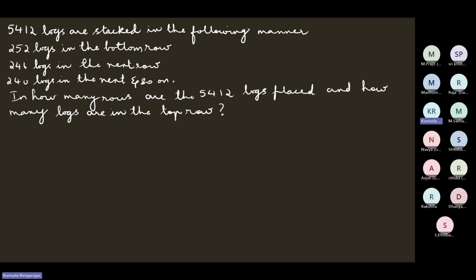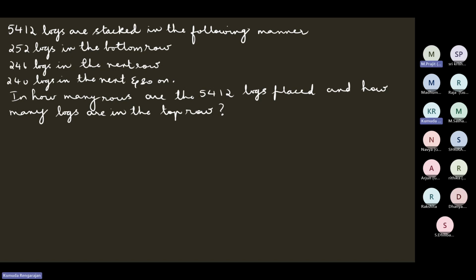With how many logs less in each row, children?